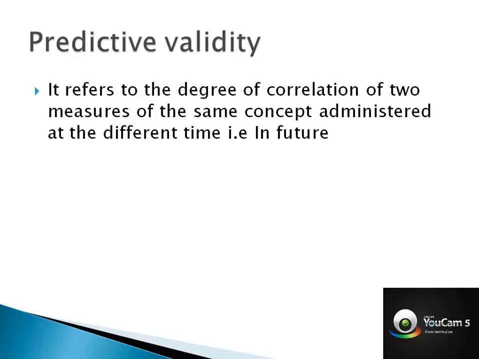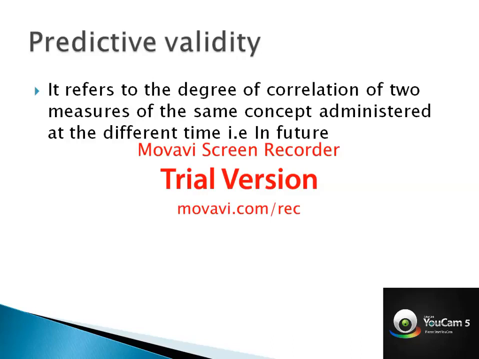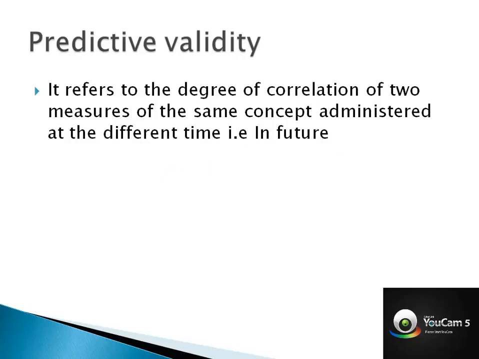So this is predictive validity. You are predicting what is going to happen in the future. You are saying that entrance test score affects the first year results. Whoever scored high in the entrance test will score more marks in the first year. So this is predictive validity, which is in the future.